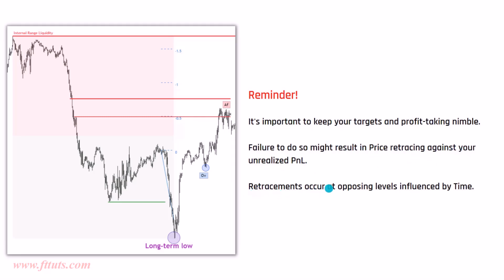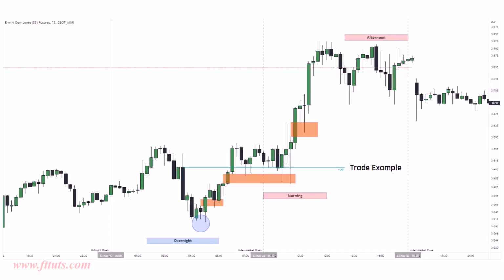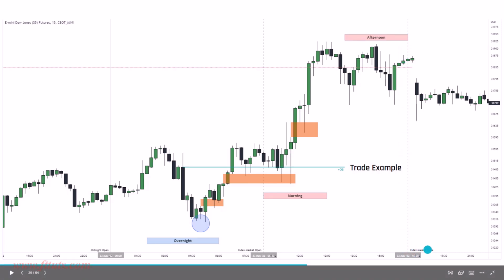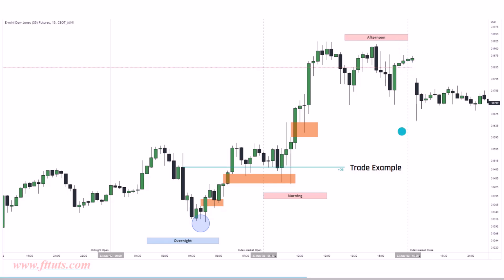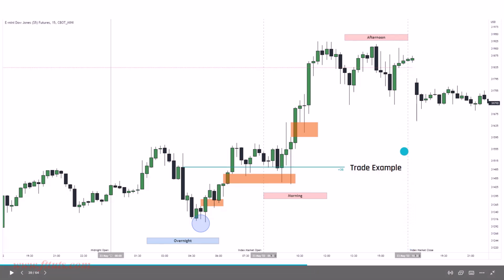Retracements will occur at opposing levels influenced by time. So here, this fair value gap was opposing our bias in a kill zone. Yes, we're going to expect it to break in the grand scheme of things, but just take a look at when the market's going to close. Is the market going to trade higher when we're at the end of the market close?